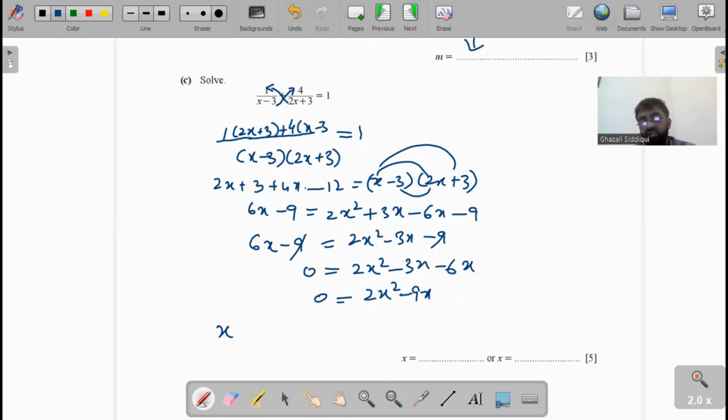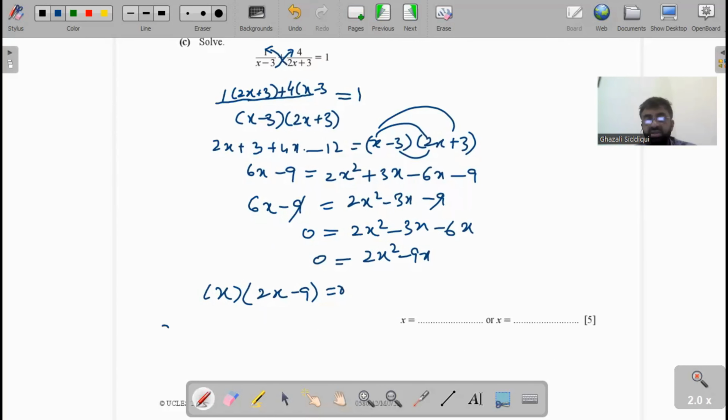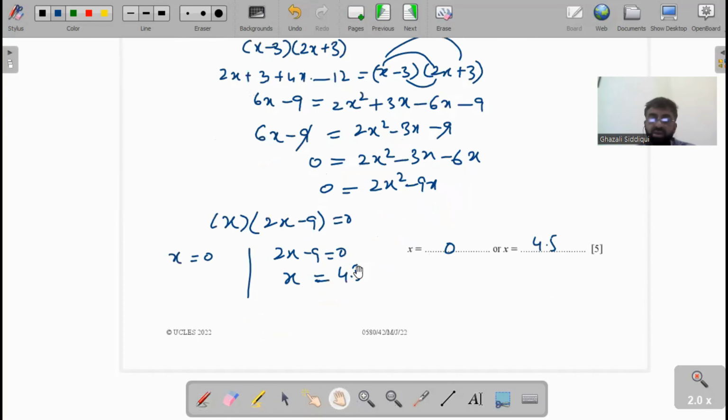Taking x common, we get x(2x minus 9) equal to 0. There are two factors: either x equal to 0 or 2x minus 9 equal to 0. Then we can write x equal to 9 over 2, that's equal to 4.5. Now 0 and 4.5 is the answer.